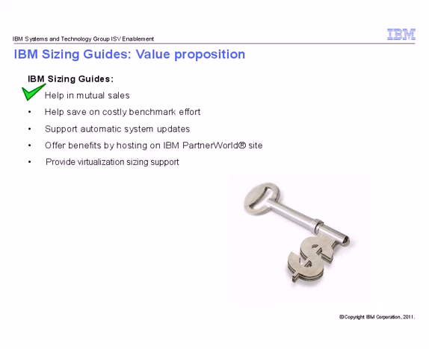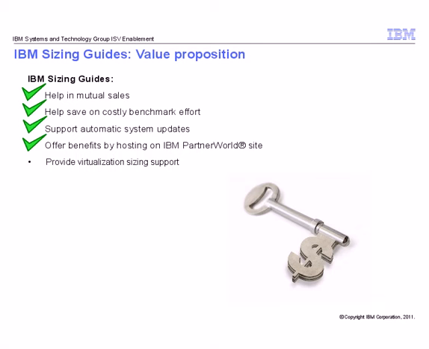If application performance data is available on existing production deployments or on a single IBM model of that processor architecture, then the sizing guides use relative performance metrics internally to recommend the models of the same processor architecture that are targeted by customers, thereby saving costs on benchmark efforts. IBM Sizing Guides support automatic system updates by recommending current, orderable models with launch support to cover new features introduced for IBM Power Systems and System X servers.